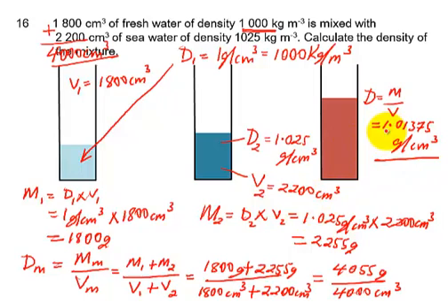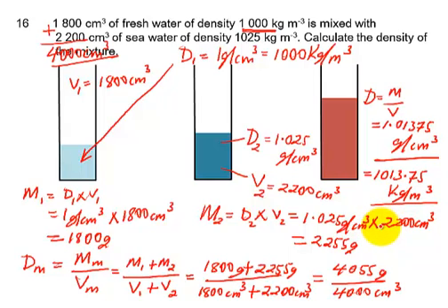This is the density of the mixture, 1.01375 grams per centimeters cubed. And we can convert that density into kilograms per meters cubed by multiplying this value by 1,000, which will give us 1,013.75 kilograms per meters cubed. It is just as simple as that.